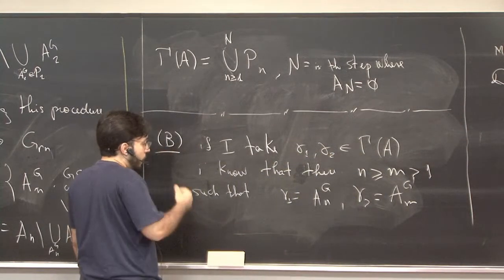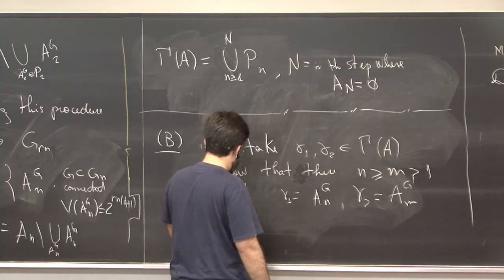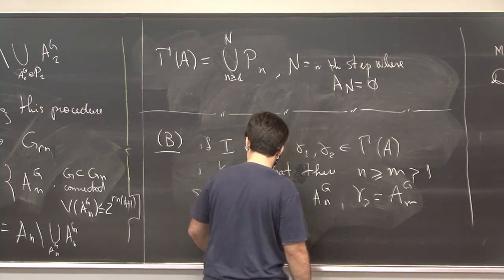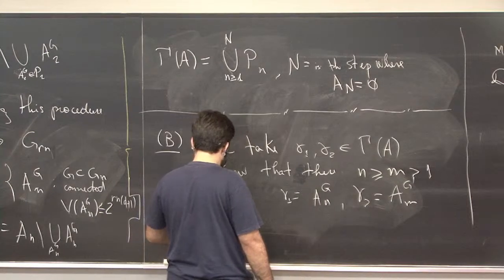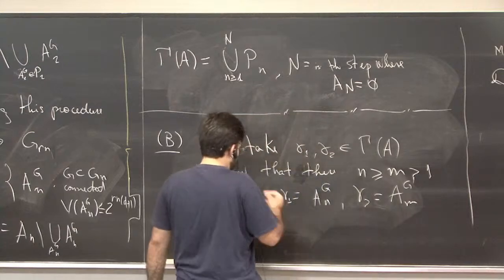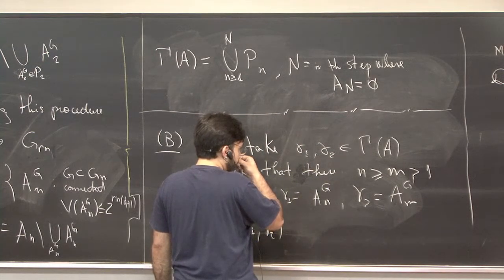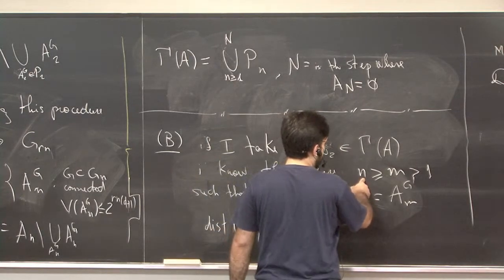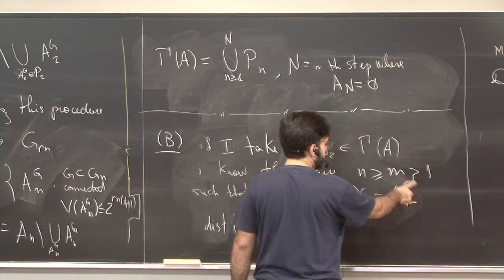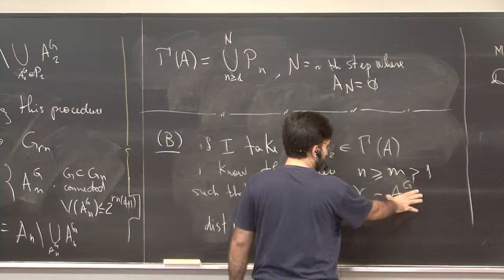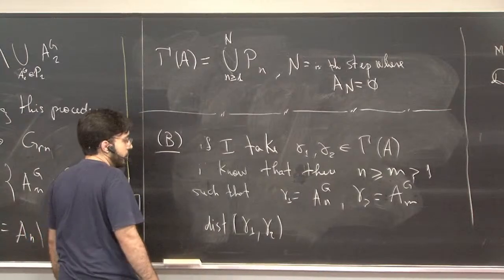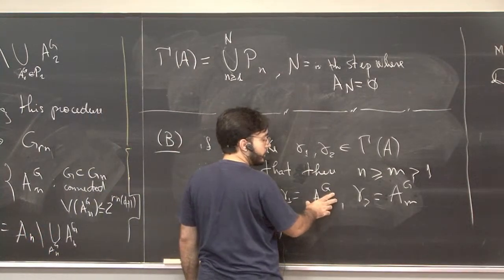So what do I know about the distance between gamma 1 and gamma 2? Since n is larger than m, this means that the points contained in this component right here were extracted in the construction before the points that are here.